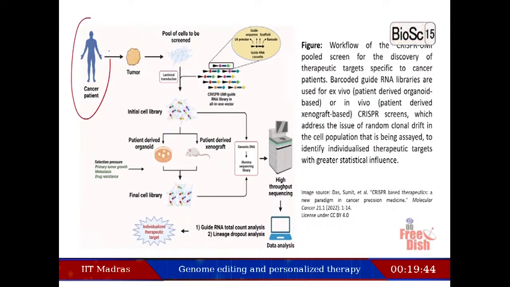So, we have a cancer patient from which we obtain a tumor and have a pool of cells to be screened, and there is the lentiviral transduction where we have the U6 promoter, guide sequence, scaffold and barcode, and this is the guide RNA cassette or CRISPR UMI guide RNA library in an all in one vector.